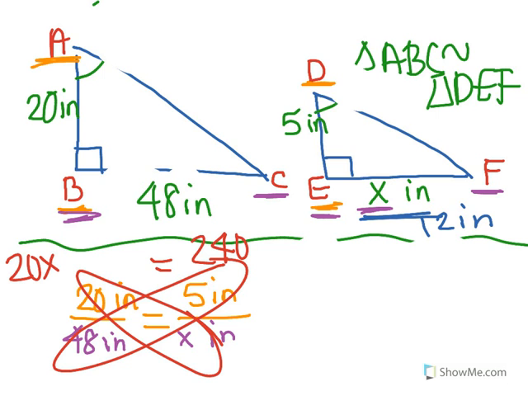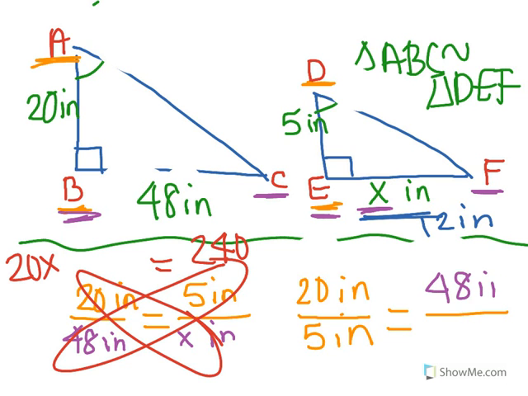I do also want to show you that I could have set up that proportion a little bit differently. I could have said, again, side AB is the same as DE, and 20 inches is in proportion to the 5 inches that is on triangle DEF. And similarly, the 48 inches for side BC is in proportion to the X inches for side EF.